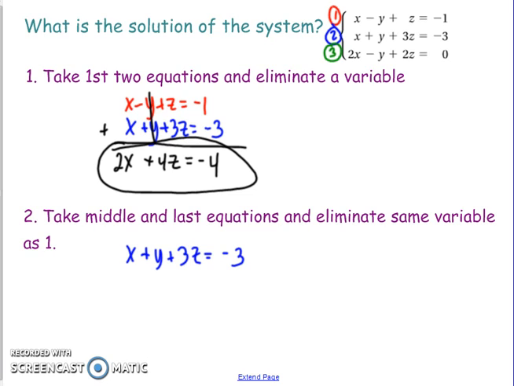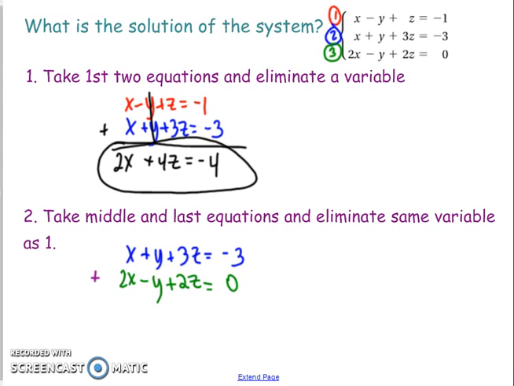And then I'm going to take 2x minus y plus 2z equals 0. Like I said, it didn't matter which one you used, 1 or 2, with 3. But because the y's are opposite signs in 2 and 3, I picked those so that I can add the equations. If I want to use 1 and 3, I would have to subtract the entire equation.